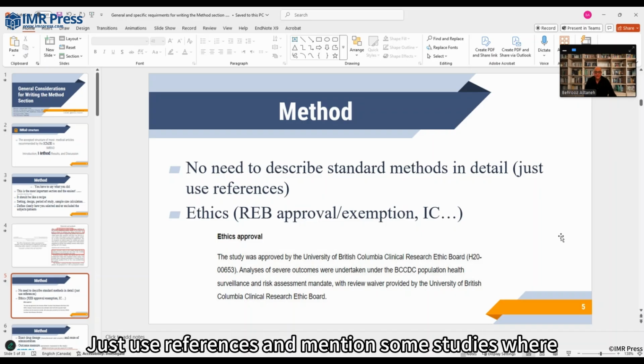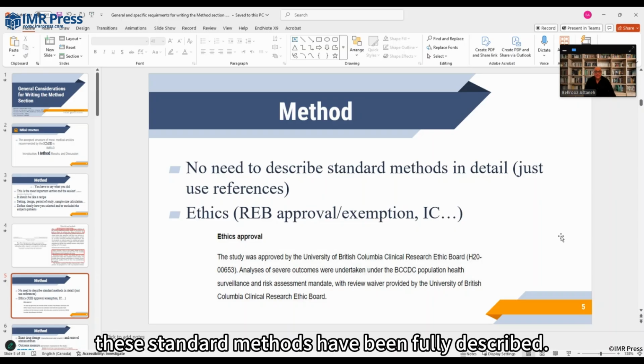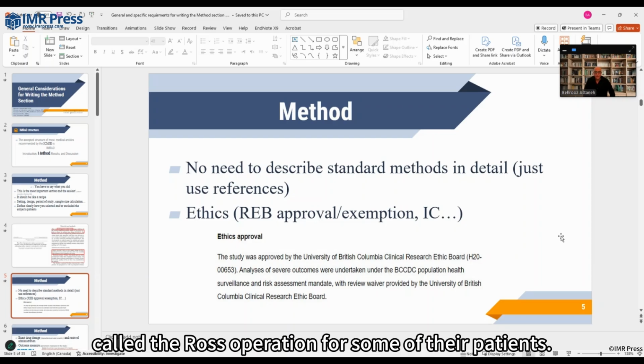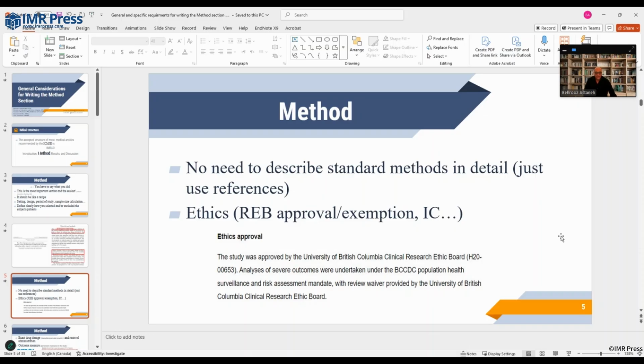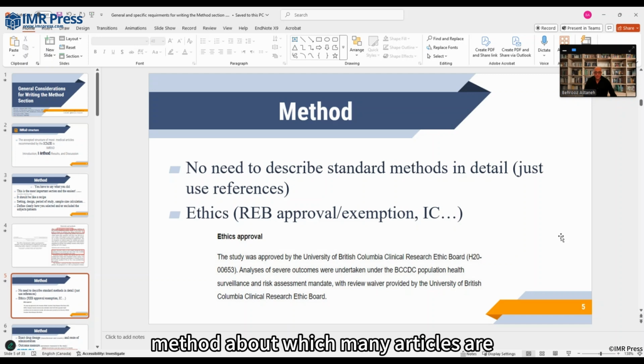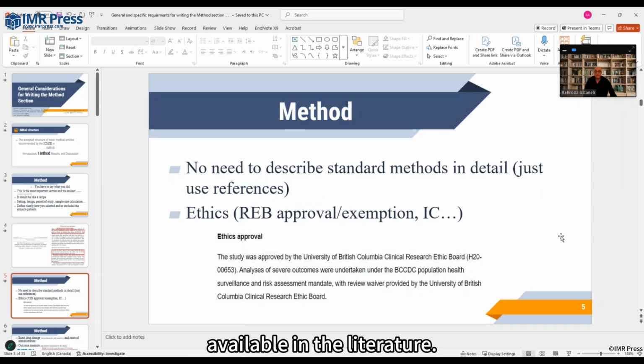Just use references and mention some studies where these standard methods have been fully described. For example, some cardiac surgeons use an operation called Ross operation for some of their patients, and this Ross operation is actually a standard method about which many articles are available in the literature.